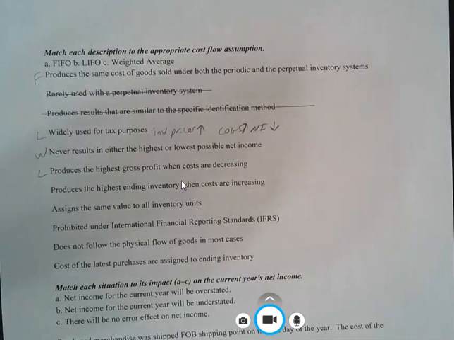Because let's say that we were paying $5 per unit and now we're paying $4, and let's say we're selling the item for $10. Well, let's think about it. Before, in this particular environment, we've always paid $5, now we're paying $4. Well, under FIFO, our gross profit per item anyway would be $5. But under LIFO, it would be $6 because we're always going to expense the most recent inventory costs.